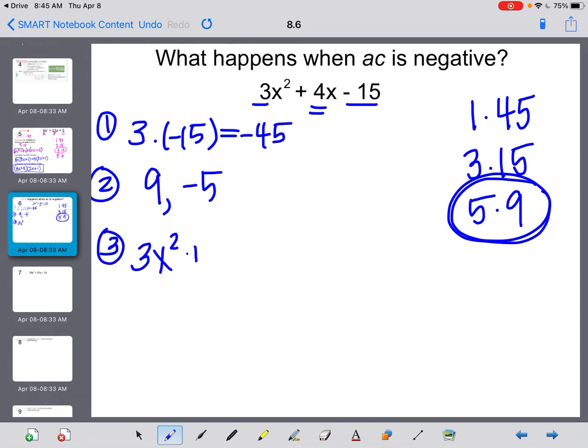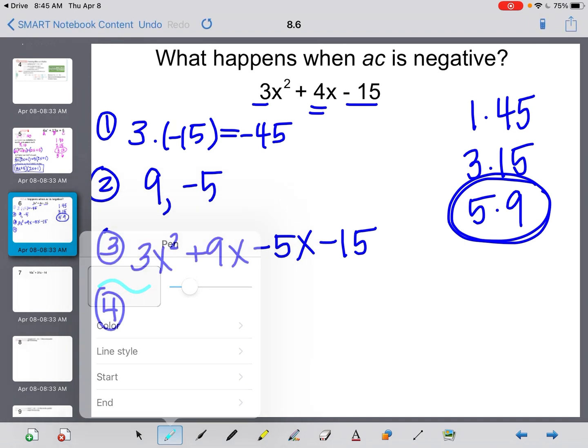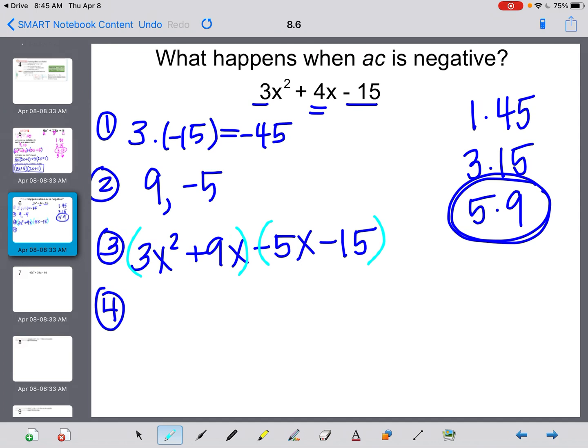3x squared plus 9x minus 5x minus 15. Okay, then I need to split these up so that I can factor out their greatest common factor. 3x squared plus 9x, greatest common factor is 3x, which leaves me with an x, sorry, plus 3.